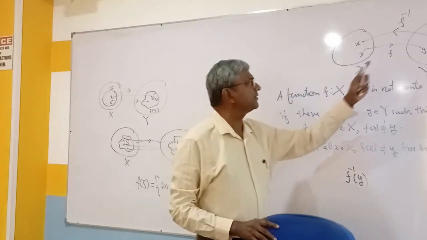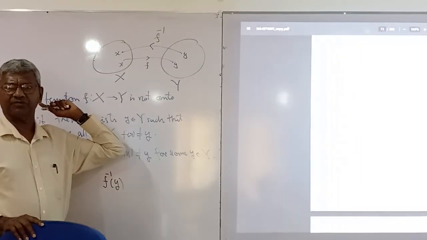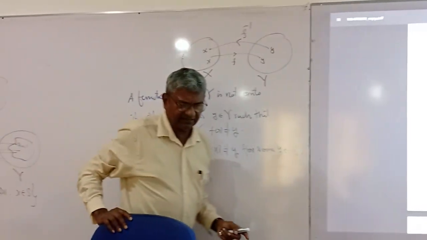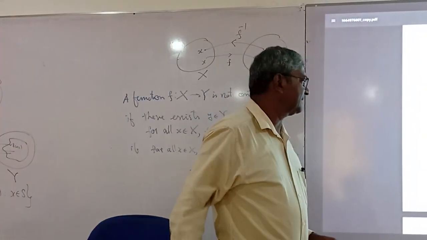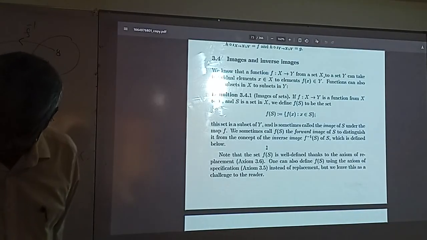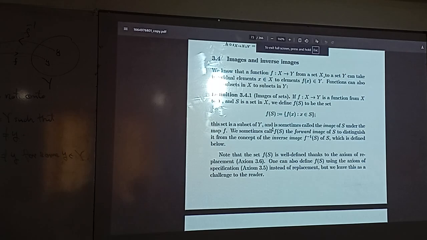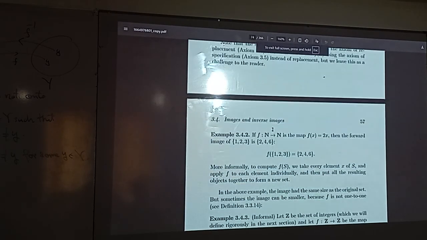If it is 1 to 1, if you take any y here, there is one x corresponding. So we talk about f inverse S, but we haven't defined it yet. There is something, the axiom of replacement, etc. Let's talk about that later. I'm trying to make a little bit of a rush to get to analysis.